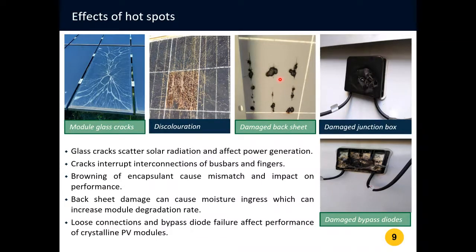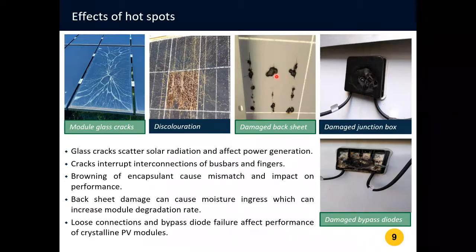This damaged backsheet, obviously, is caused by a cell that is underperforming, and as you can see, the damage is running along the bus bars.